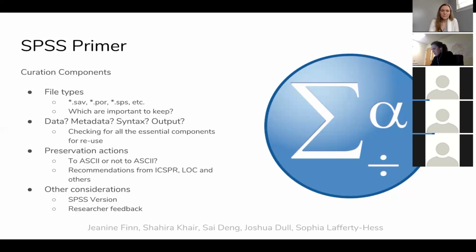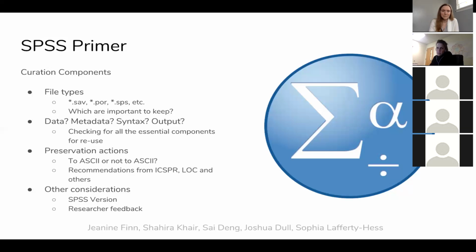And then I believe we looked at GESIS and some other institutions and data repositories around the world, just to get some recommendations for how they handle it, because I feel like they've already dealt with this problem, so why would we start over from scratch? Let's see what other people have considered. Part of that preservation action is to consider whether you convert this or not. Do we need the plain text, or do we leave it in the proprietary format?